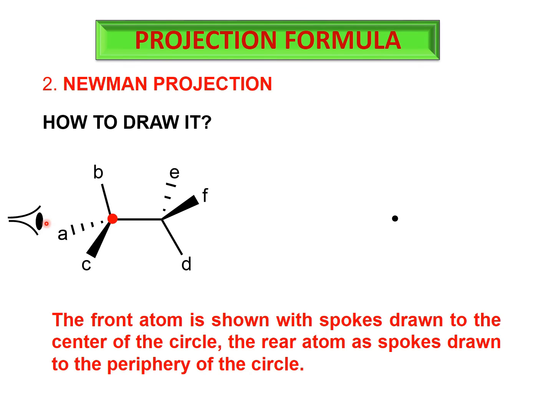This bond is in the plane of the screen. This carbon atom is in the screen, and this group B is also drawn with a solid line, so it is also in the screen and it is projecting upwards. So when you're standing here, it will appear as if this B is pointing vertically up.